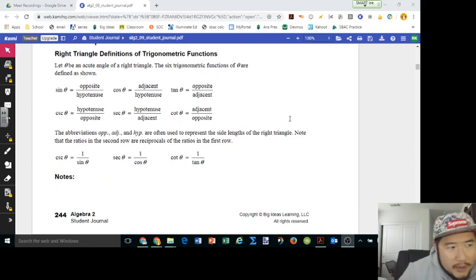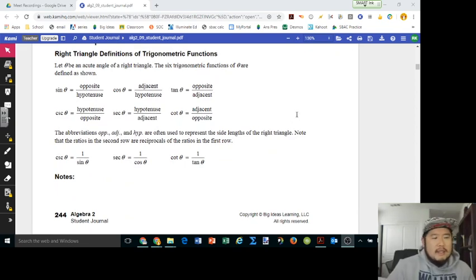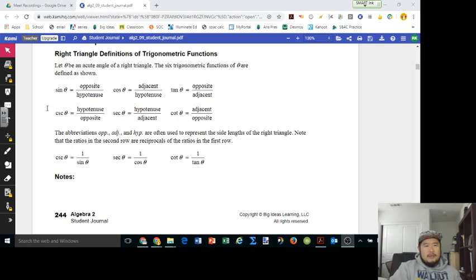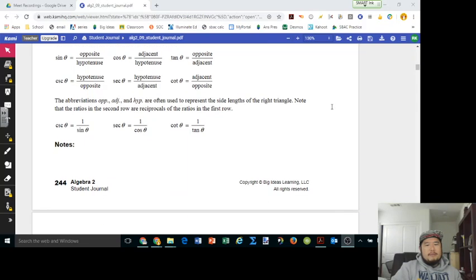As we scroll down right here, you can see the 6 different trig functions once again, and they're showing you the same thing that we just wrote down.